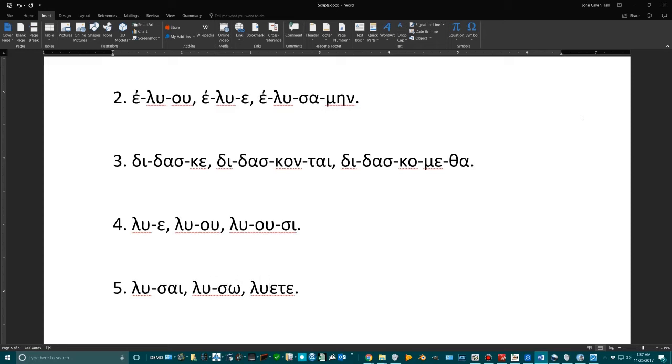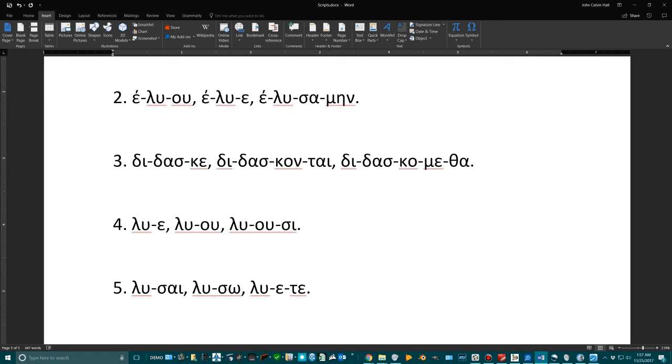Here's a little bit of a challenge. Luete, is it lu-ete or lue-te? Not worth arguing over. The reason why we break down the syllables is to show the accents. When you hit the accents in lecture 2B, you'll notice that the accents fall on the vowels.